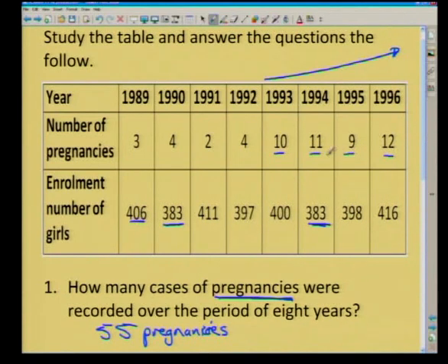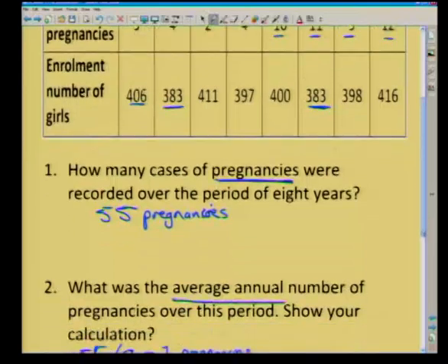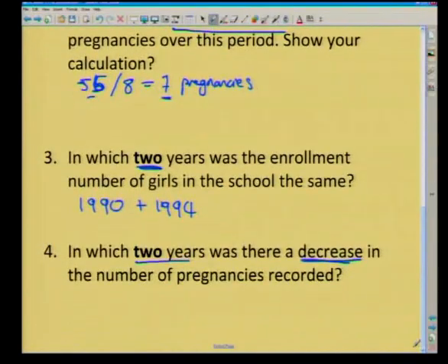In 1991, there's a decrease from 4 to 2, and in 1995 there's a decrease as well. It's simple. All you're doing is reading straight off the graph. So it would be 1991 and 1995.